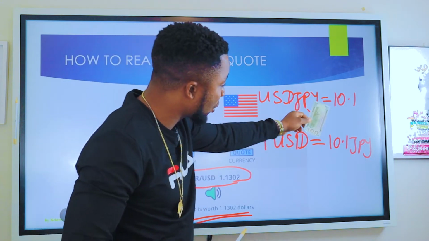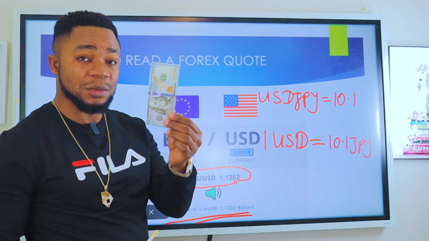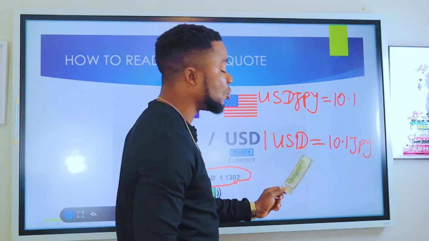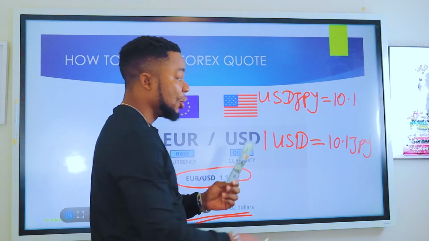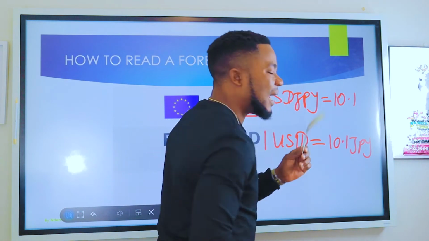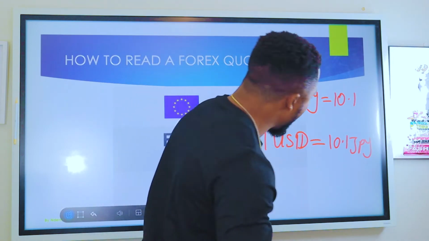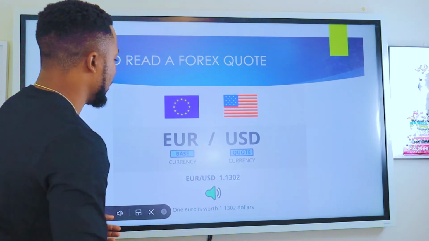Let's assume this is $1. For you to buy this $1, if you're in Japan, you need 10.1 Japanese yen to buy just $1. That's how you read any currency quote.